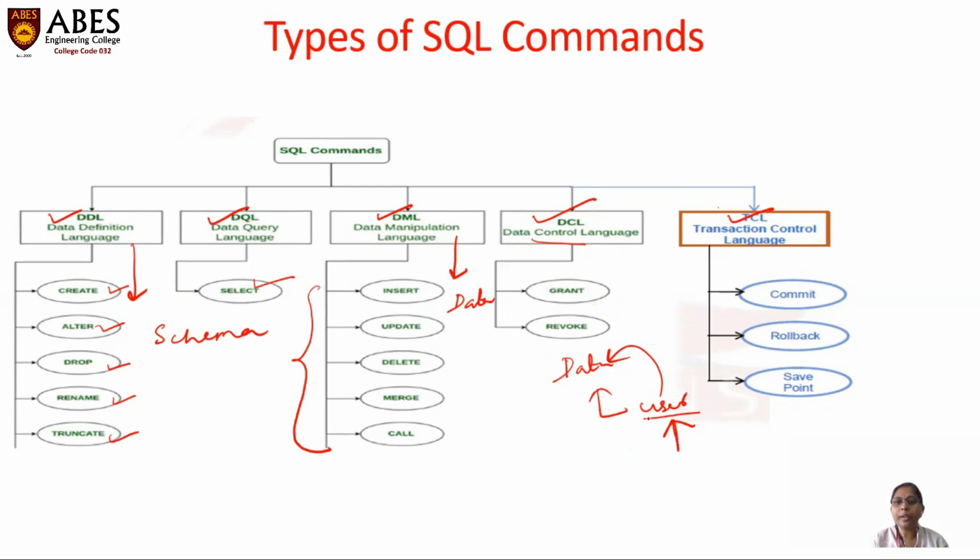Meaning, suppose we want to grant some permission to this user that this user can read data or write data or do certain operations on data. Such thing can be done with the help of the statement grant. And suppose we want to withdraw those permissions, then we can use the revoke statement. We will discuss in detail about this data control language.